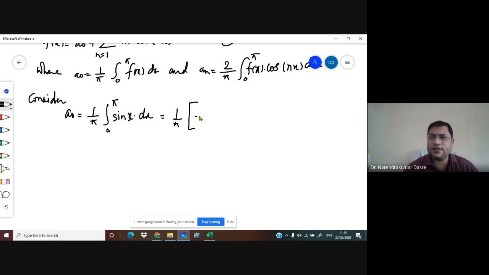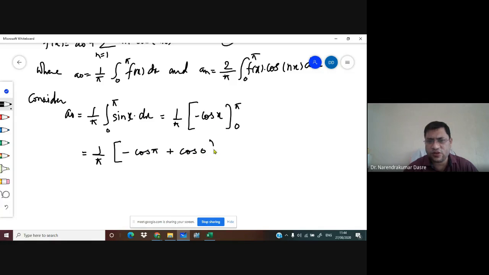So 1 upon pi, this is minus cos x, from 0 to pi. So we got 1 upon pi, this is minus cos of pi, minus minus plus cos of 0. So we got 1 upon pi, this is minus of minus 1, because cos of pi is going to be minus 1 and cos of 0 is going to be 1.